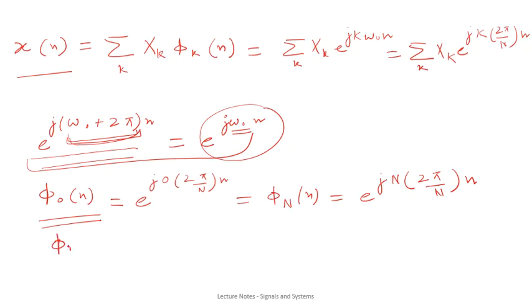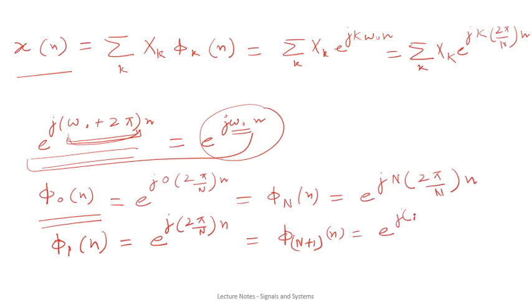Similarly, if you calculate phi 1 n just by utilizing that very expression of phi k n, it will be e raised to the power j 2 pi by n, and if you calculate phi n plus 1, then it will be e raised to the power j n plus 1 times 2 pi by n.